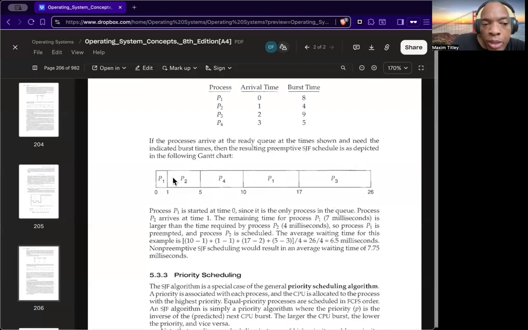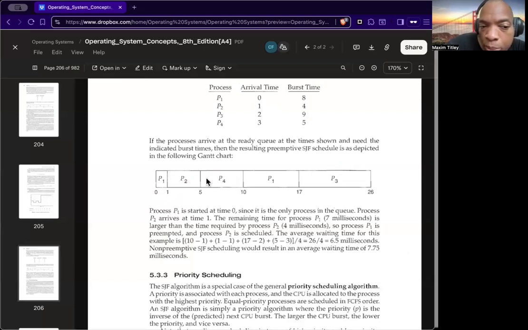So now you see that P2 gets here at time 1. P4 gets here at time 3, but we see that we have a burst time of 5. Okay. So that means it's not going to be finished until 10. P1 gets here at 1, but P2 takes 4 as burst time.